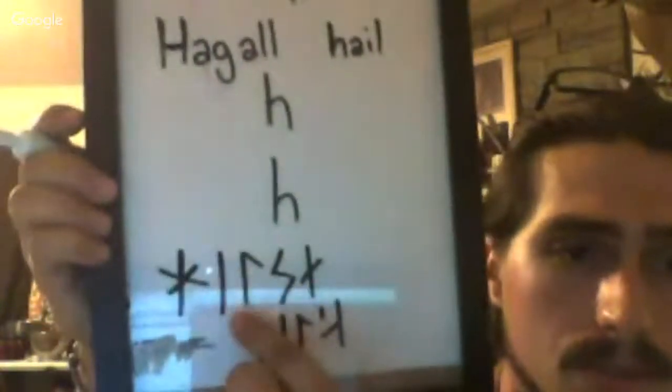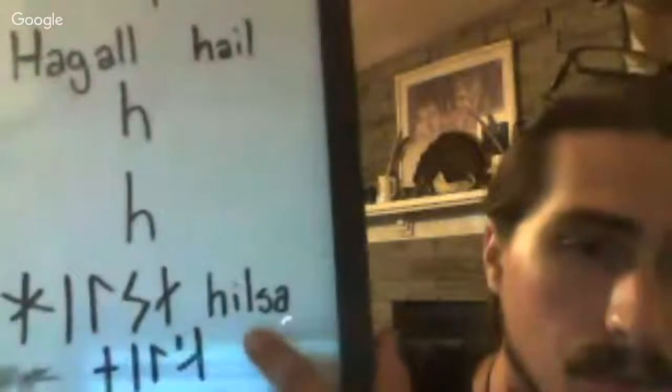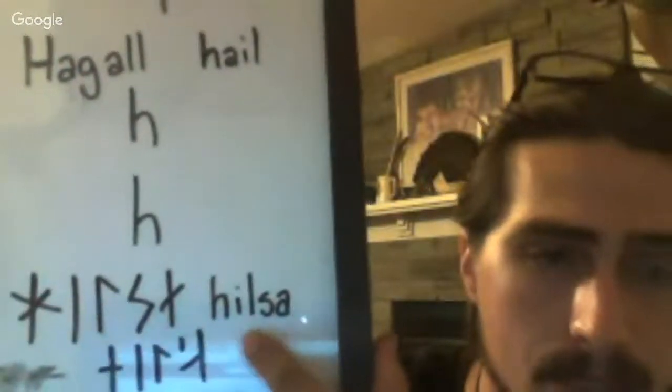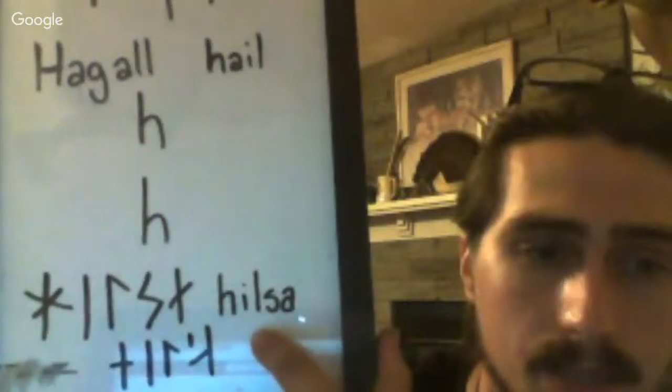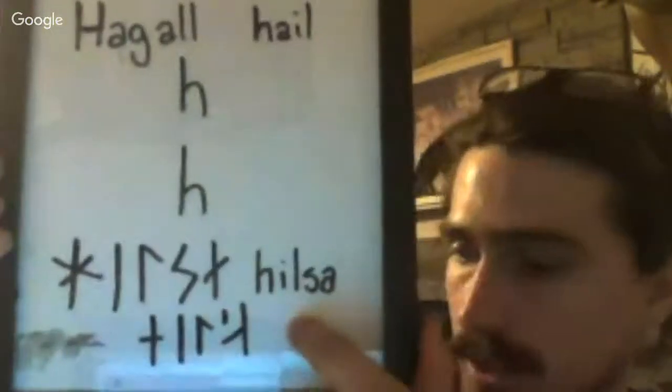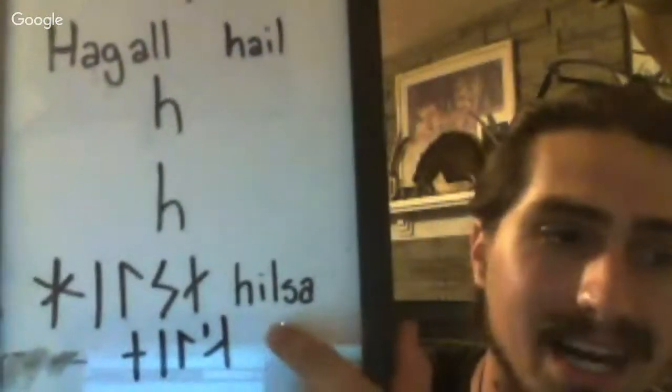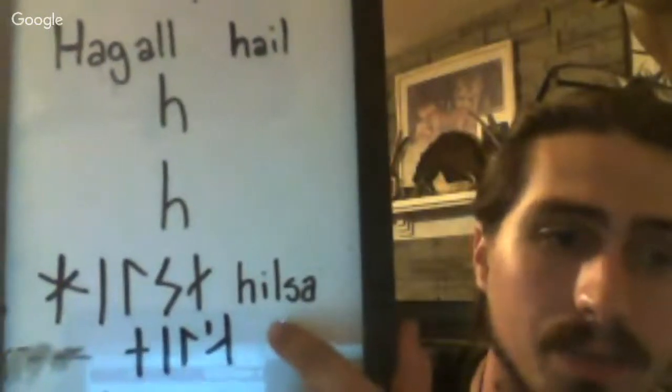You'll notice, if I do the transliteration like I should have, that you only see one vowel there. The doubling of letters, which will explain that the E and the I there are the same rune.